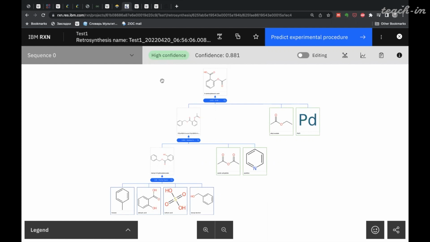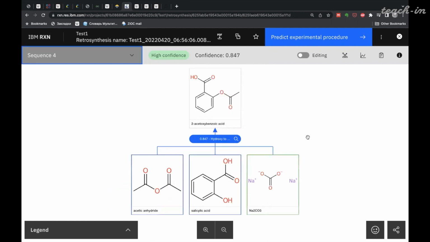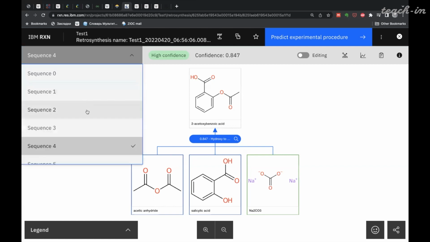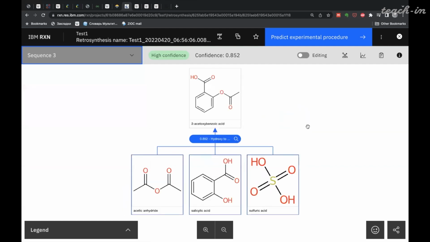So we can see that some precursors are more complex than the target molecule. And in fact, a number of syntheses were proposed for our target molecule, and some syntheses are really meaningful, while others are indeed suboptimal.